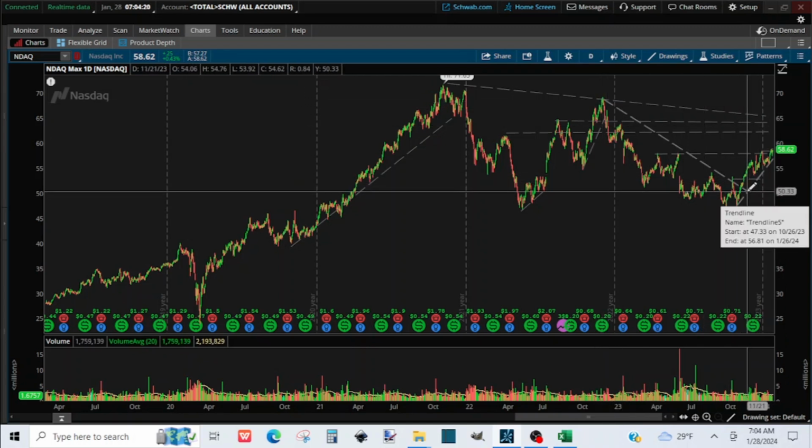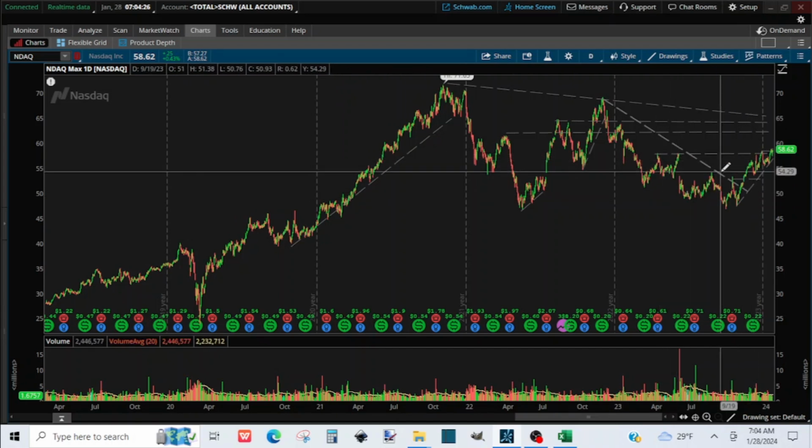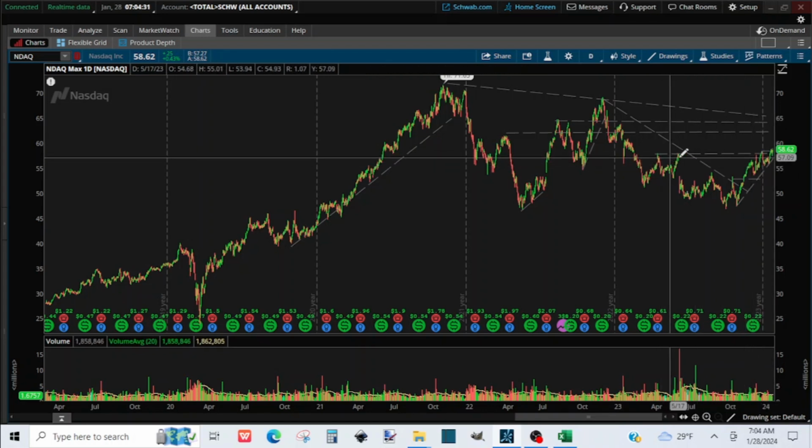It broke at a point here. So now it went up and broke this downtrend from here as well.